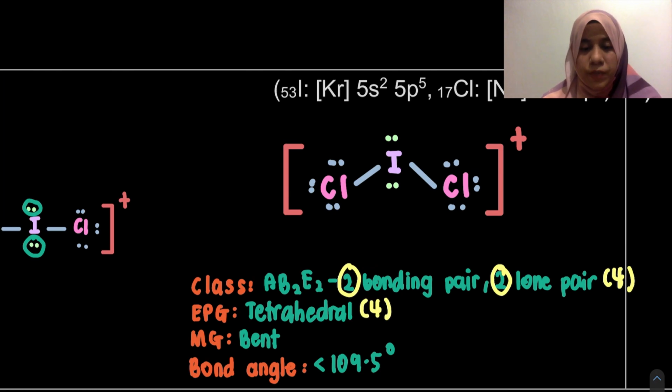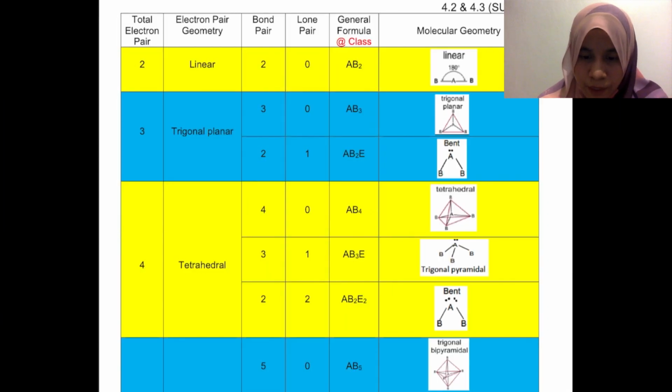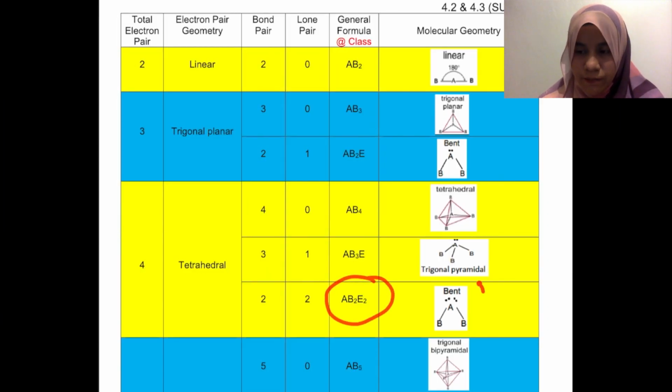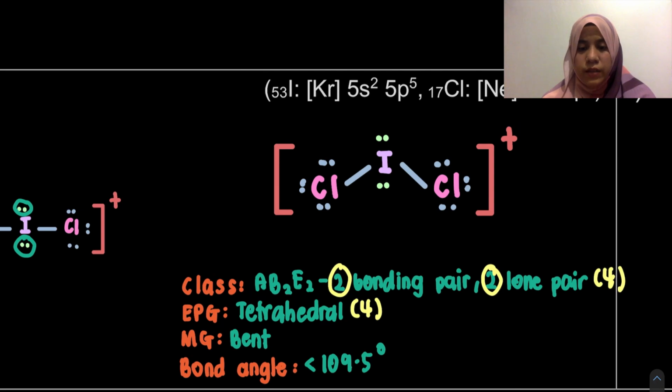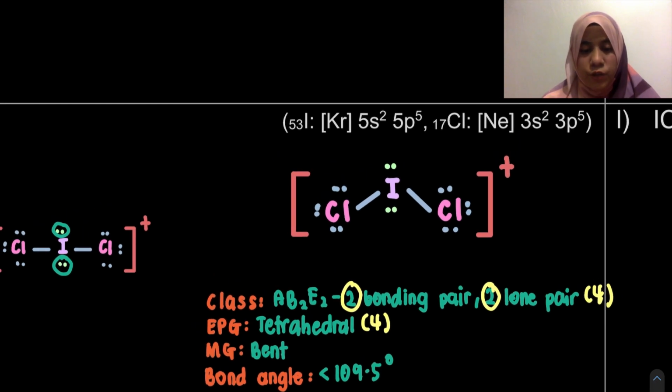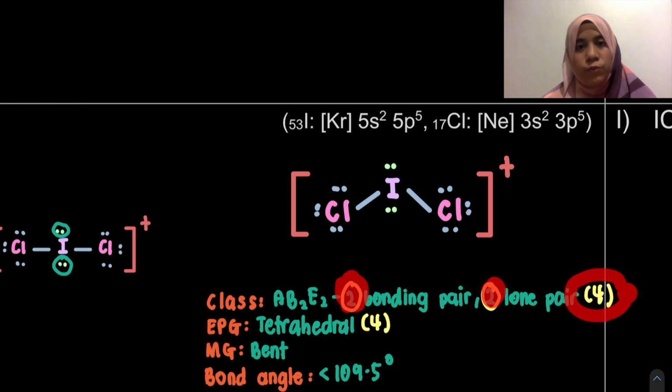The molecular geometry will be bent, because AB2 is the same as our water. AB2 has a bent shape, and make sure the bond angle will be less than 109.5. So again, remember that electron pair geometry is a bit different. You must add both of these to know what the electron pair geometry is. From there we know our molecular geometry.